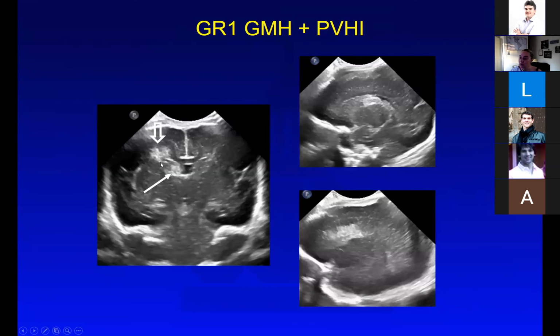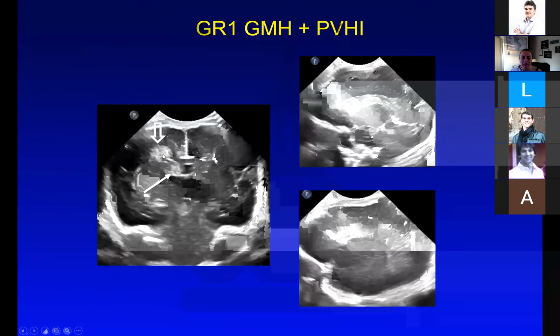If you recall the pathophysiology of how this developed, this is a consequence of impaired venous drainage of the white matter tracts. It doesn't have anything to do with the IVH or the hydrocephalus itself. And you can see the germinal matrix hemorrhage and the parenchymal frontal periventricular hemorrhagic infarction very nicely.